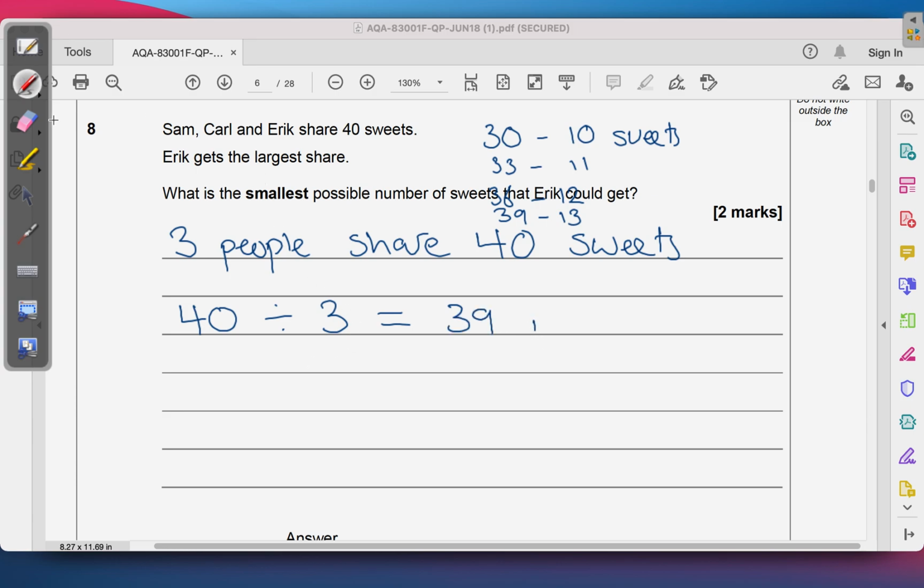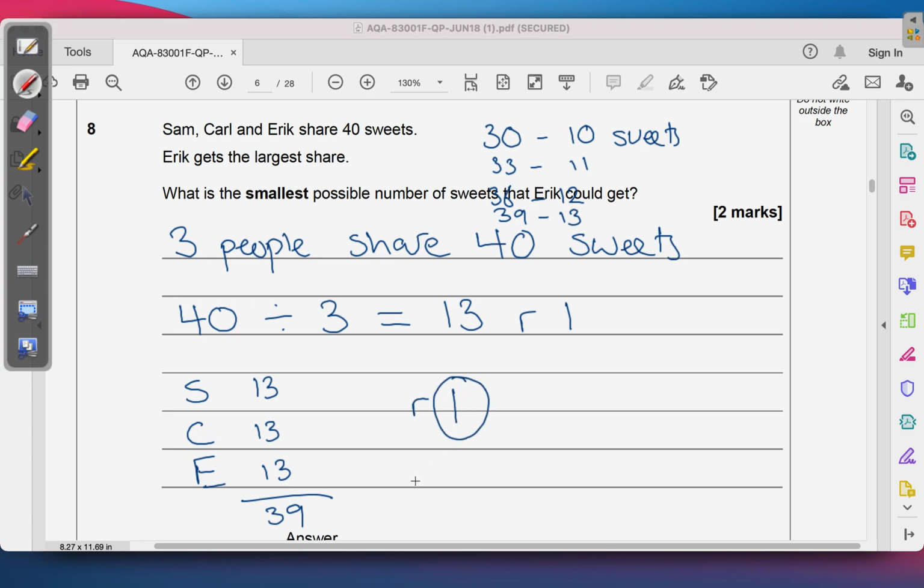Oh, sorry, not 39, it'd be 13, remainder 1. That means that Sam, Carl, and Eric have 13 sweets each. 13, 13, 13. In total between them they've got 39, so we have 1 left over, remainder 1.